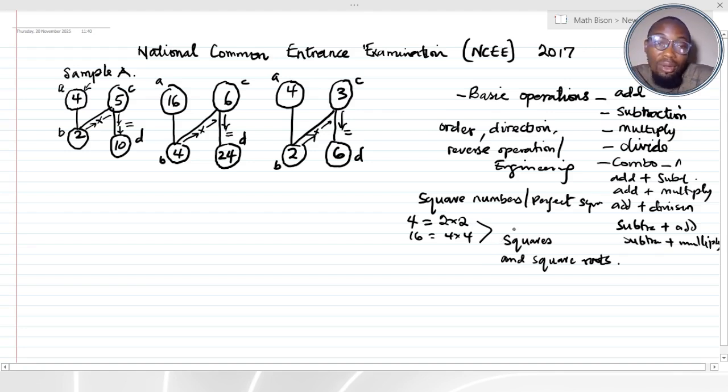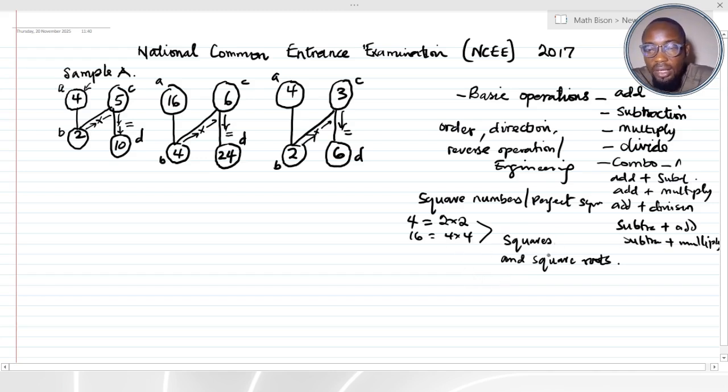Imagine if all you know is the multiplication table, but you don't know squares of numbers. Then you will see 4, you will see 16, you will see 4. This pattern will not strike anything to you. You probably just go ahead and start worrying too much.